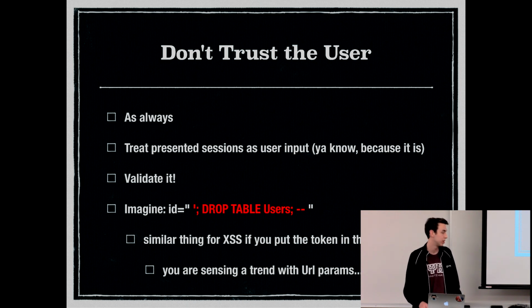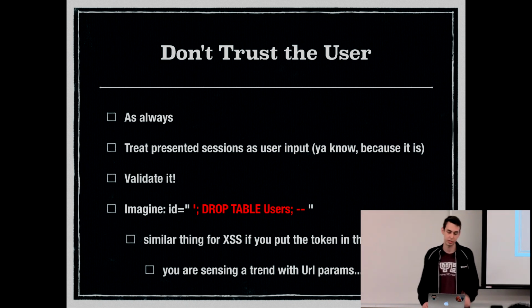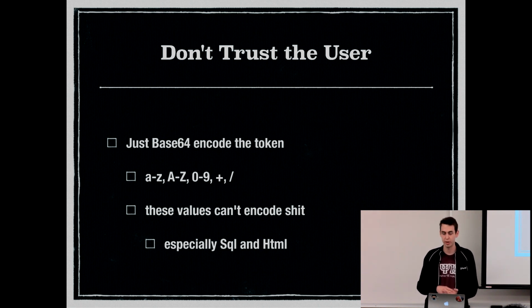And like I said earlier, cross-site scripting attacks can happen if this token contains JavaScript, if somebody's faking it. The way to get around this: don't trust your users. There's this thing called base64 encoding, and its output only contains lower and uppercase letters, the numbers 0 through 9, plus and slash. And you can't encode anything harmful with these characters.